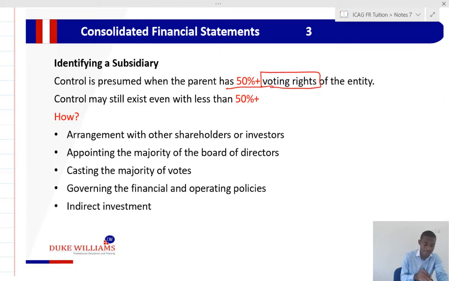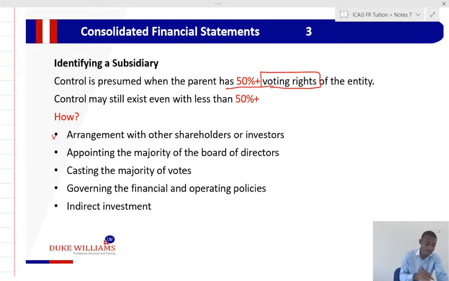How? Where there is an agreement with the other shareholders such that entity B would control the operations. Sometimes it is possible that entity B would advance loans to entity A, or provide management services, and because of the valuable services they are providing, the other shareholders can agree that even though entity B is not owning more than 50%, they should have majority representation on the board.